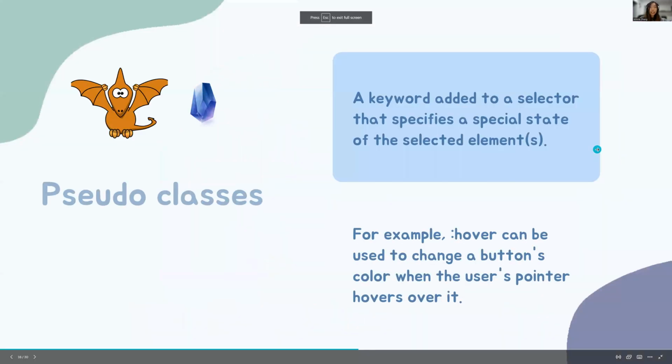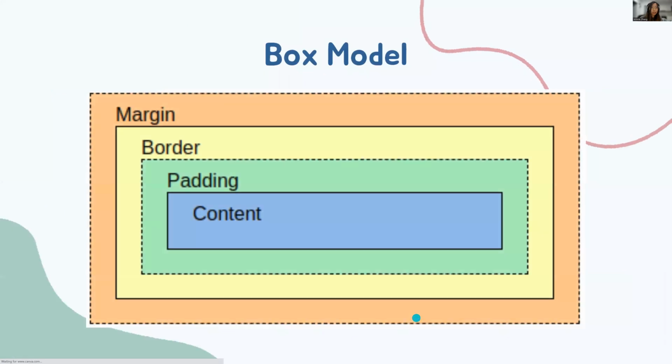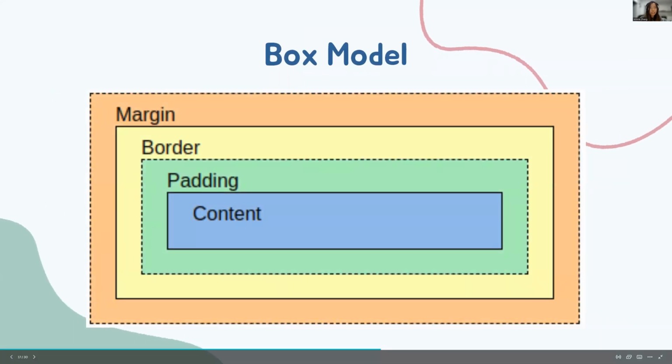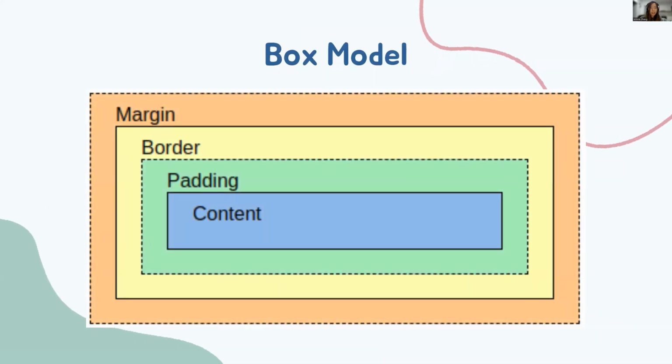So now we get to something called the box model. This idea is mainly about how, in Microsoft Word and Google Docs, you want to space everything, but sometimes if you just move one picture or anything, it gets messy.